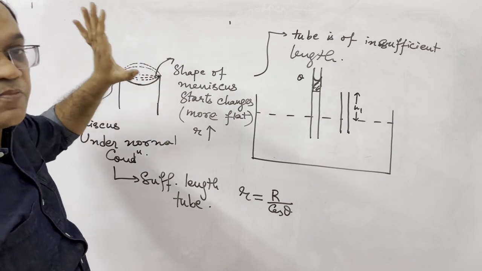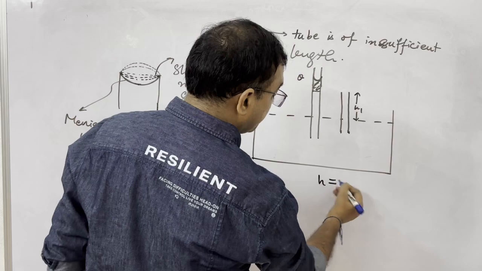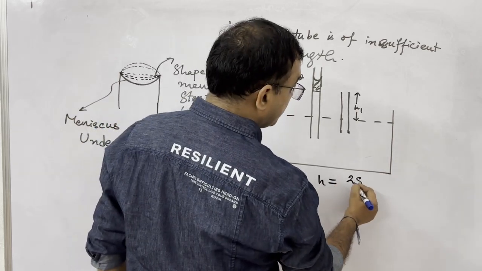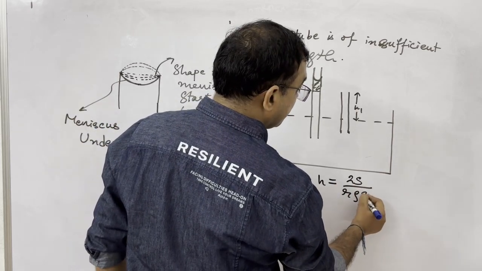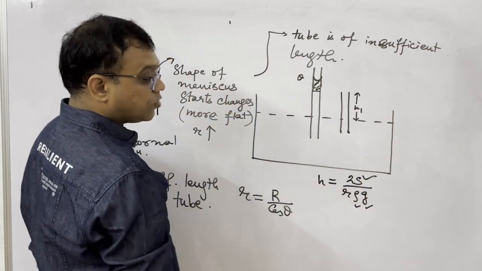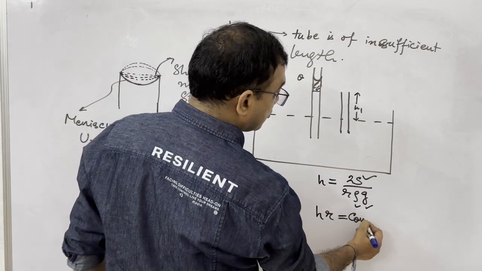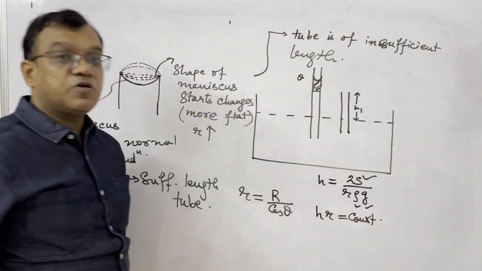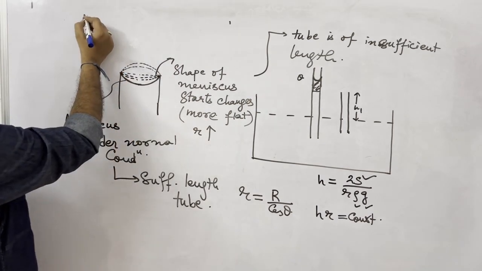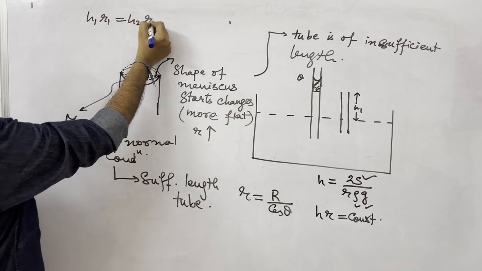And the shape of the meniscus will change in such a way that, if you see this expression, h is equal to 2S upon r rho g, for a given surface and given liquid these three are constant. So the product of h and r becomes constant. So for the tube of insufficient length, we can say h1 r1 equals h2 r2.